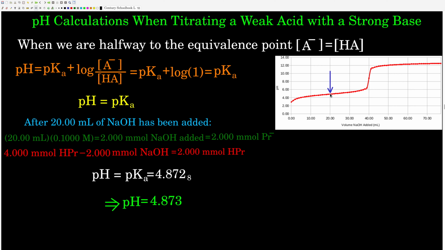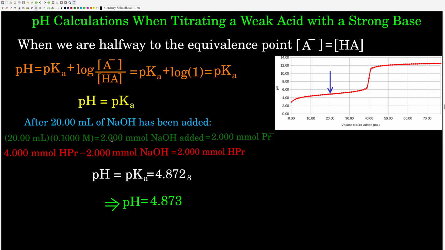At that point, we've converted exactly half of the weak acid into its conjugate base, so the concentrations or millimoles are the same. So in the Henderson-Hasselbalch we get pH equals pKa plus log of 1. Well, log of 1 is 0. And so that means at this halfway point, pH is equal to the pKa. We already know the pKa, so we know the pH.